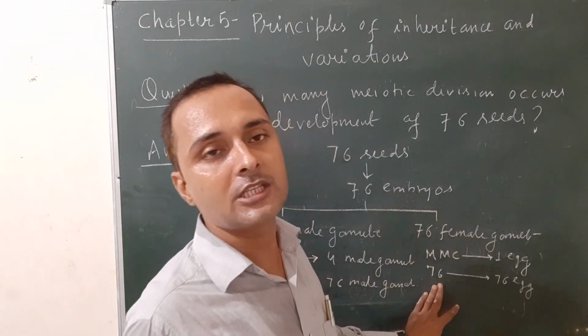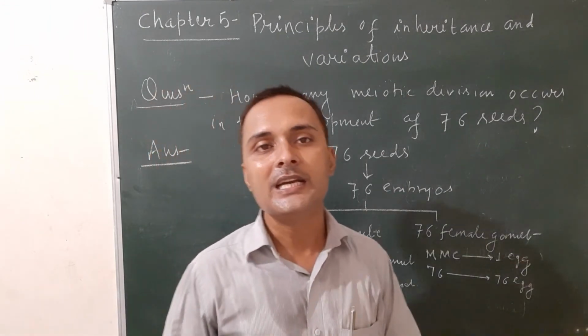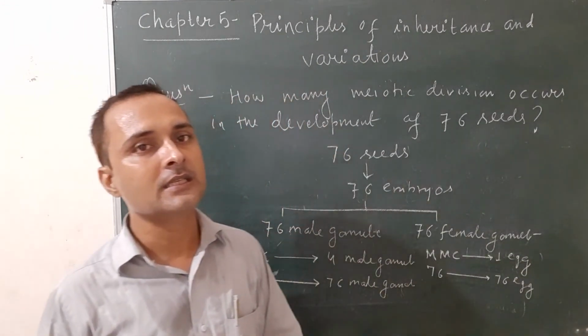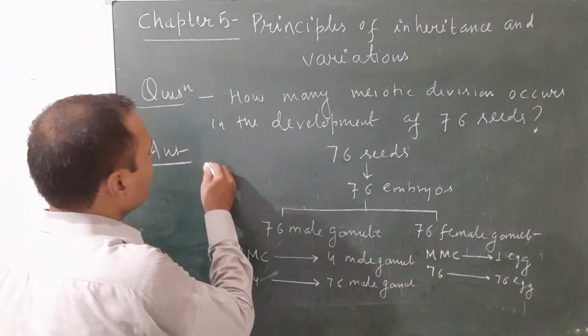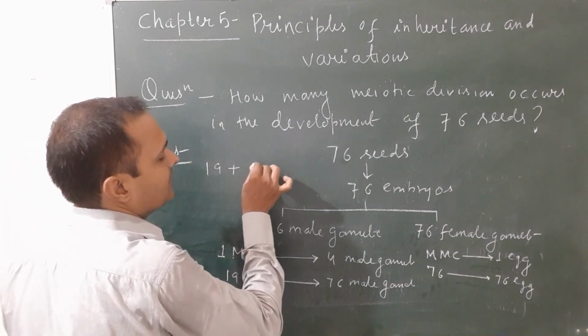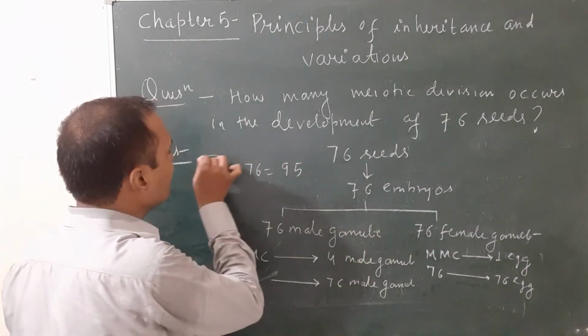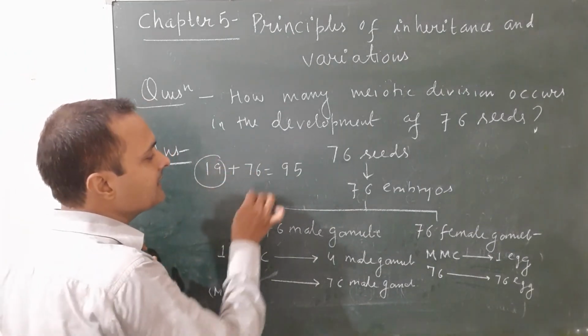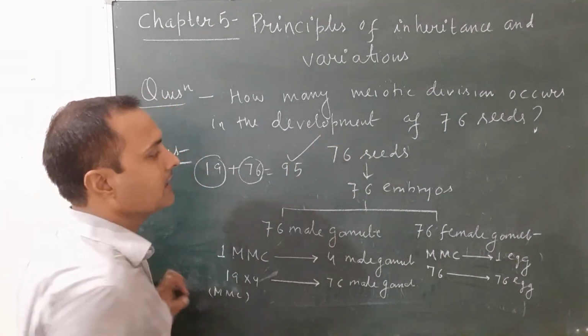That means it requires 76 meiotic divisions. So the total is 19 plus 76, answer is 95: 19 during the formation of male gametes and 76 during the formation of female gametes. Total answer will be 95.